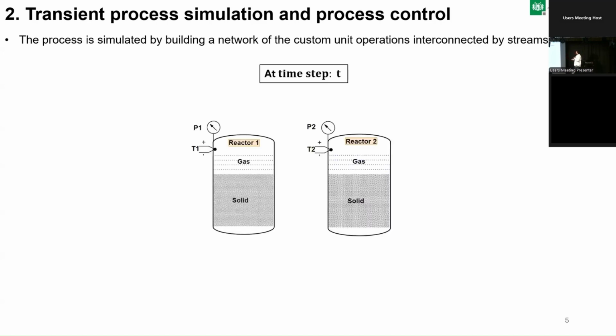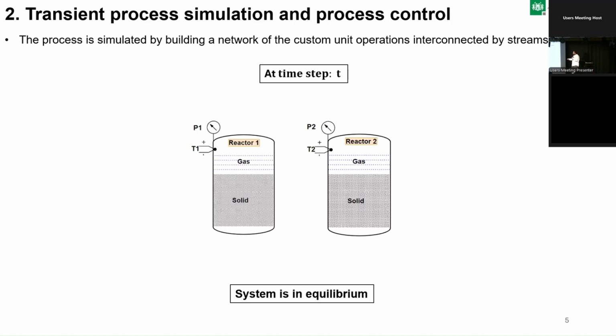So now to the simulation itself. We did a transient simulation for our process. How? Actually, by just connecting these unit operations together with the streams. If we take a look, for example, at time step t, we assume that in the reactors, or in the unit operations, we know the condensed phases and the gas phases.